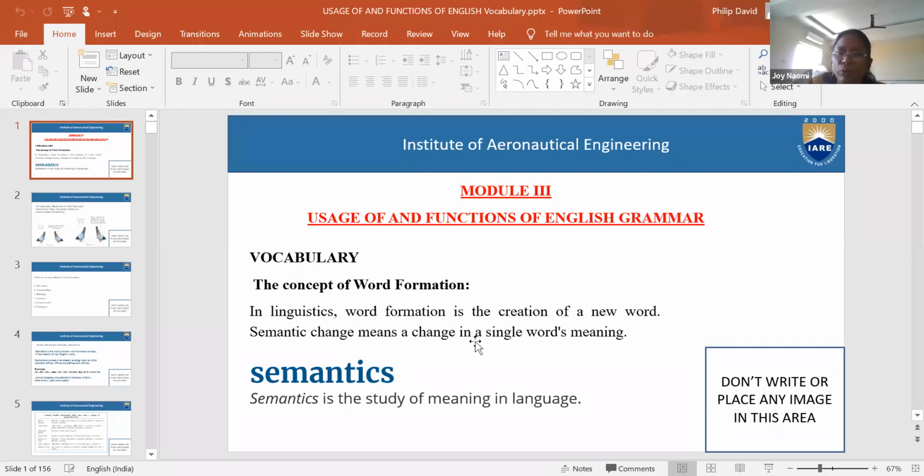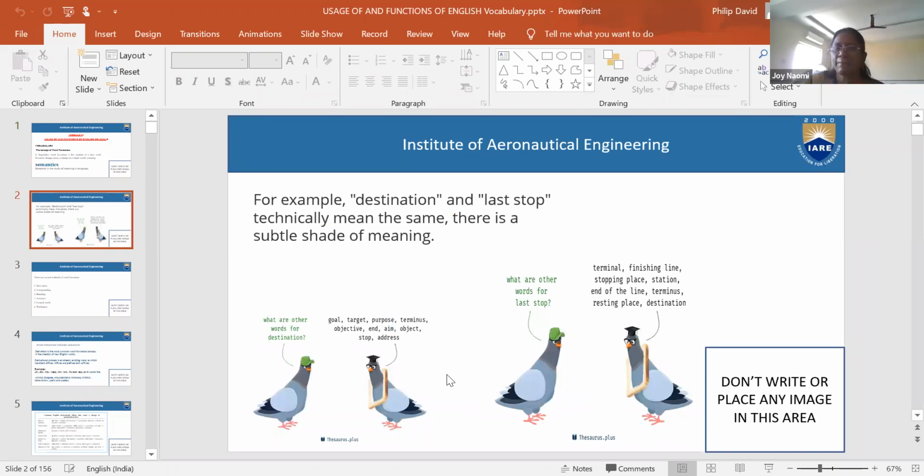Word formation is how new words are created, whereas semantics means the study of meanings in a language. All of you got it? Please respond. Did you get the difference between word formation and semantics? Yes.